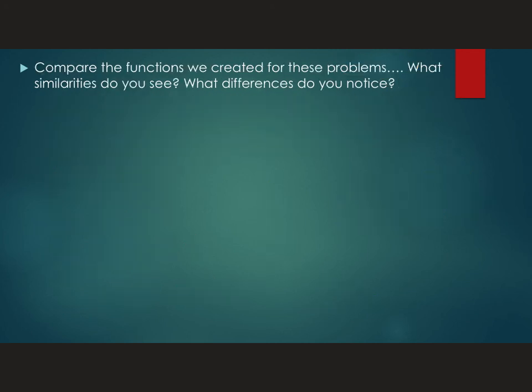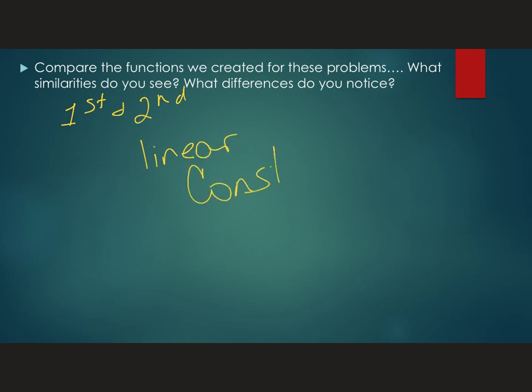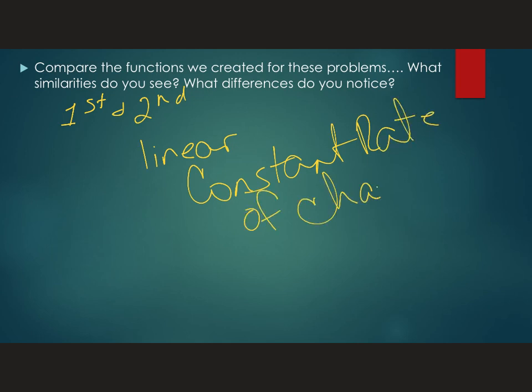So finally, let's look at the functions that we created for these problems. What similarities do you see? So the first and second problem were linear. They had a constant rate of change. The last two, the third and fourth, were exponential.